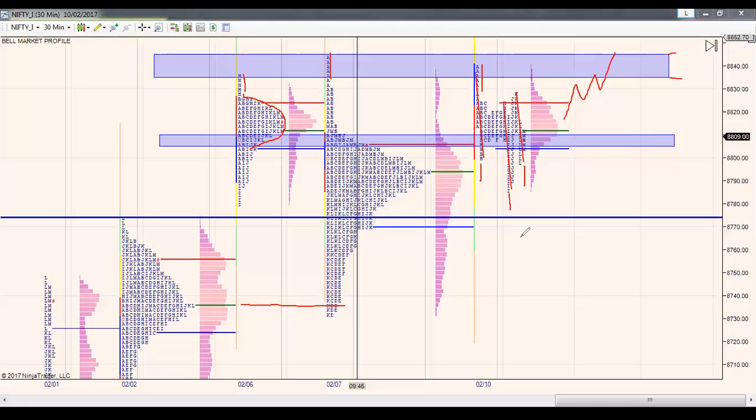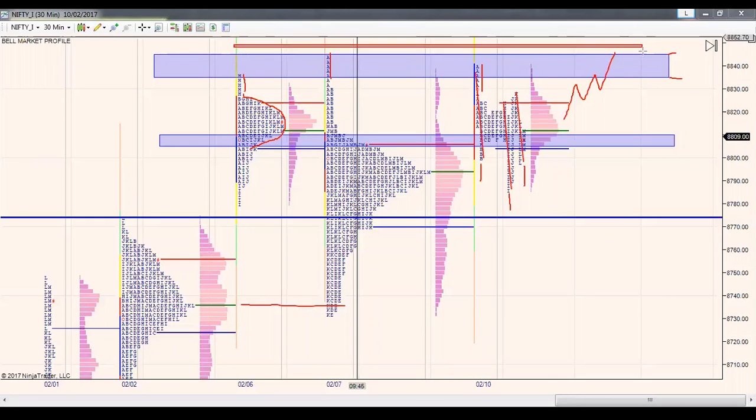Sellers, whoever are selling, are most probably of a shorter time frame, and the next higher time frame is probably buying from them. And this value being placed pretty close to the high of this 5-day range suggests that bulls have something in their mind. And if we can just take out this area of these singles, this blue rectangle, there should be a lot of stop losses in this region for sure.